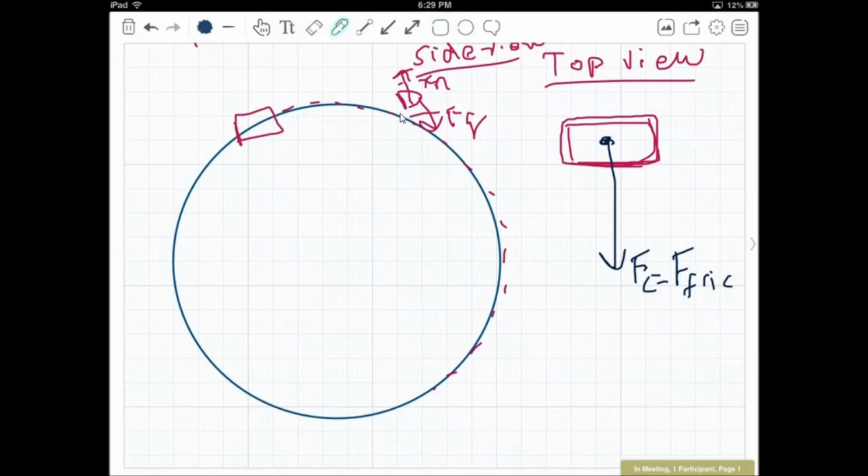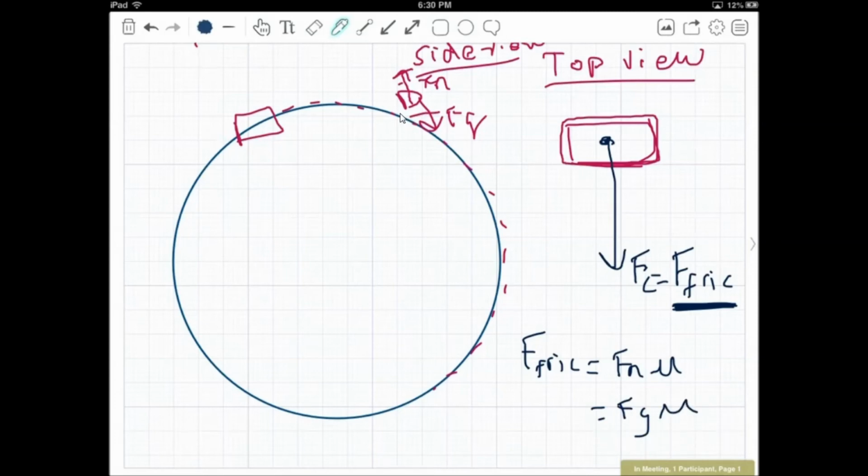So this centripetal force on a car rounding a curve that's flat always comes from the frictional force, right? In other words, since we're on a flat surface, this would be equal to the normal force of the car times mu, right? In other words, Fg mu.